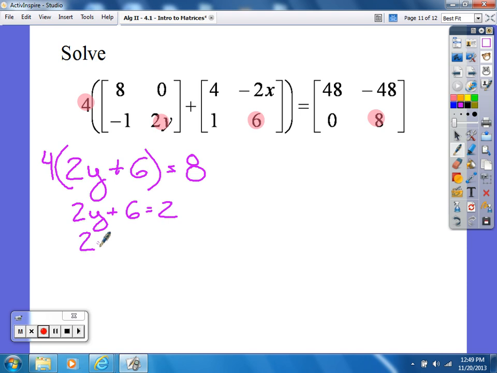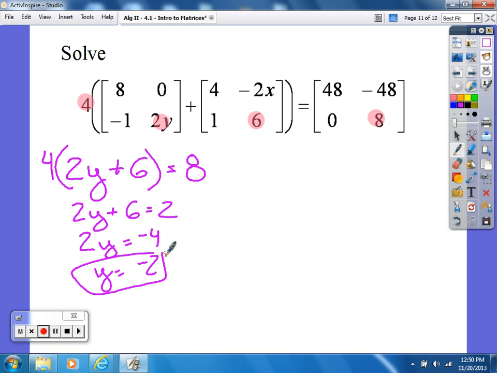And I can solve that. So I get negative 4, and I get y equals negative 2. Raise your hand if you distributed and got negative 2. Hey, it works either way. Now, am I telling you you need to do it my way? No. Go with the way that went in your head first.